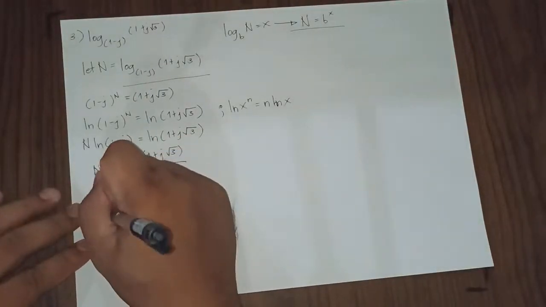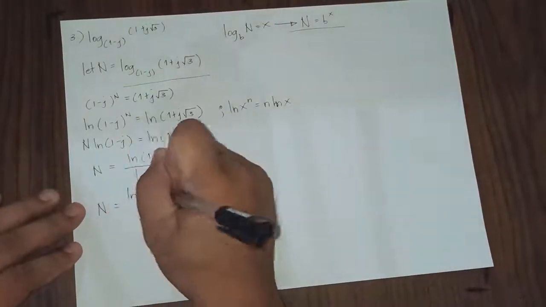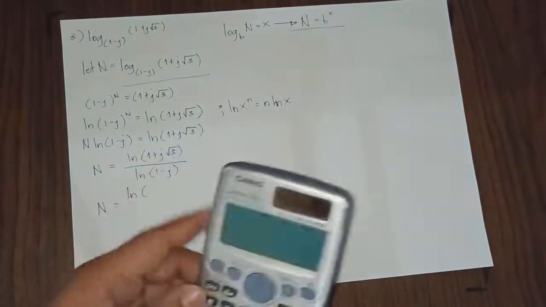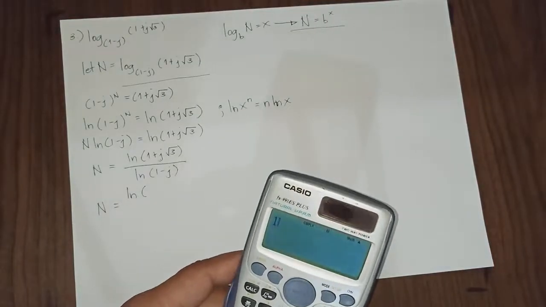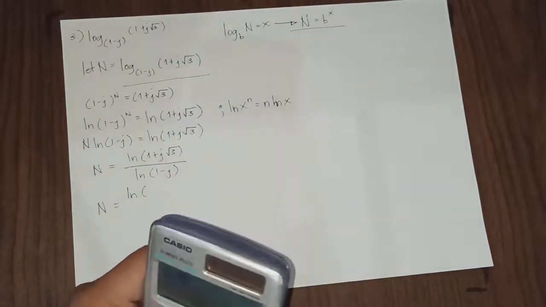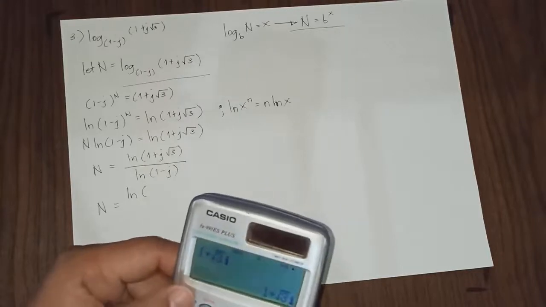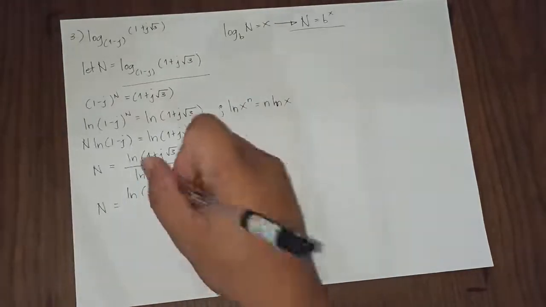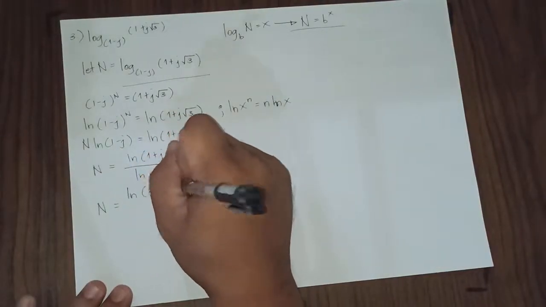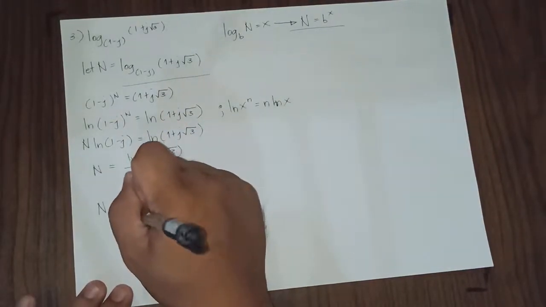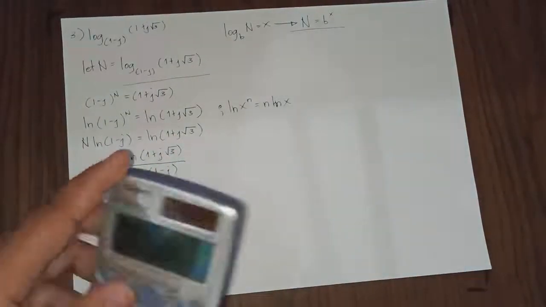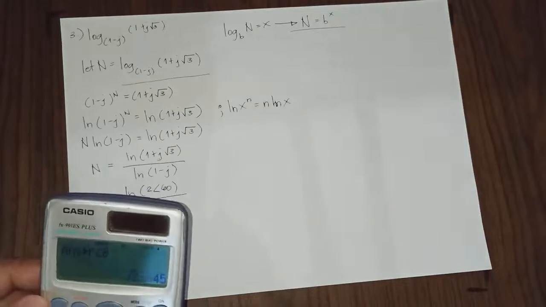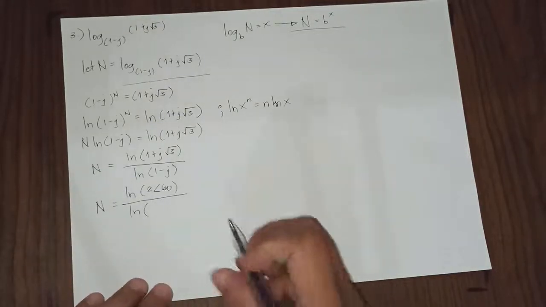So, sige, tuloy natin. Is equal to ln of, kunin natin yung polar value noon. That is 1 plus j the square root of 3 ay 2 bar angle of 60, over ln of 1 minus j, square root of 2, angle of negative 45.